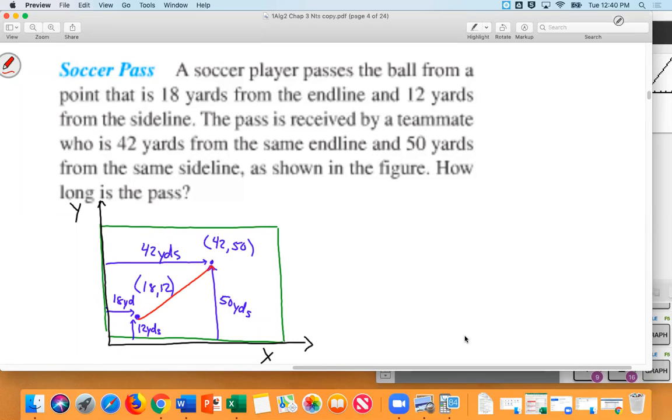Does that make sense? So I need to find the distance formula.